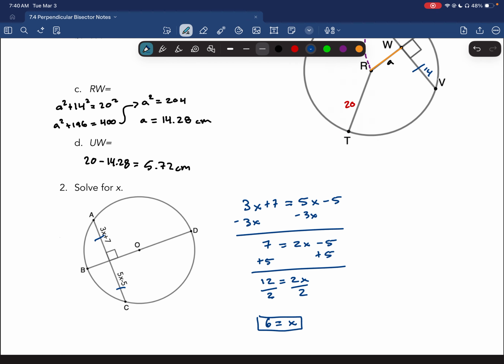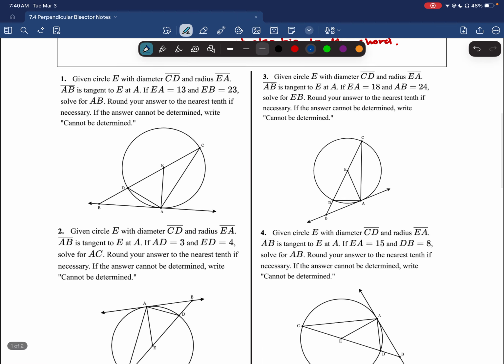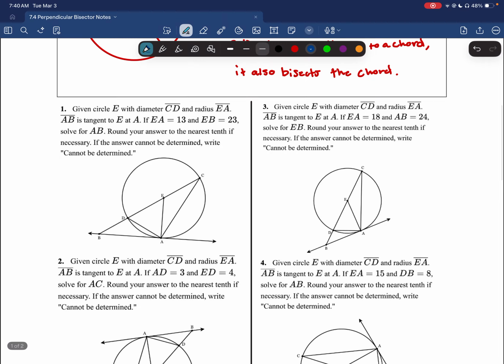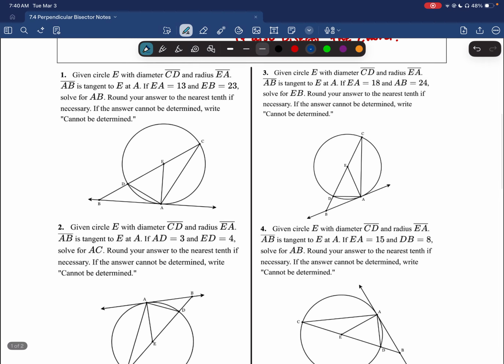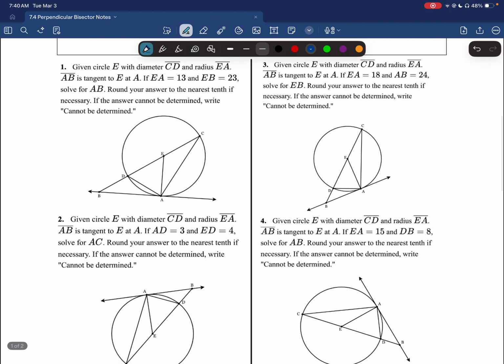Okay. Now we're going to go back up here and we're going to solve these examples. This is what your homework is going to look like, okay? So your homework is going to be using all the information that we've learned so far in the unit. So it's going to be using your vocabulary. It's going to be making sure that you know the difference between a chord and a radius. And it might use what we learned last time, that tangent lines are always perpendicular to the radius.